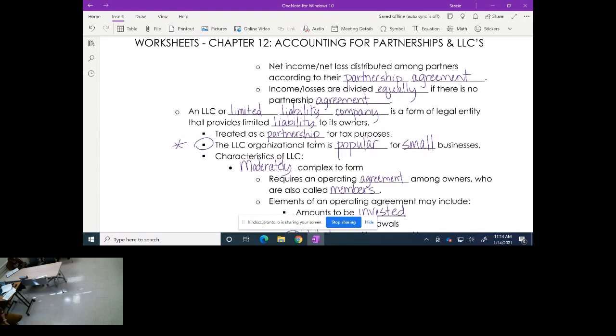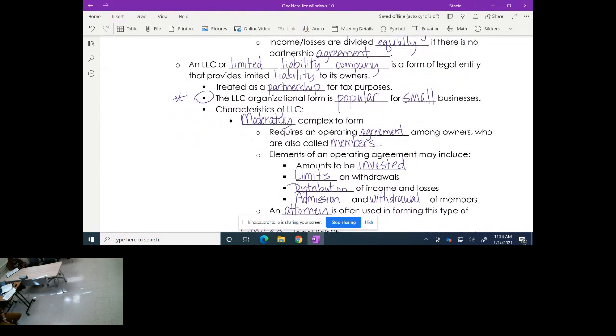All right. An LLC, that stands for Limited Liability Company. You treat it the same as a partnership for accounting and for taxes, but the difference is that the owners are protected from liability.